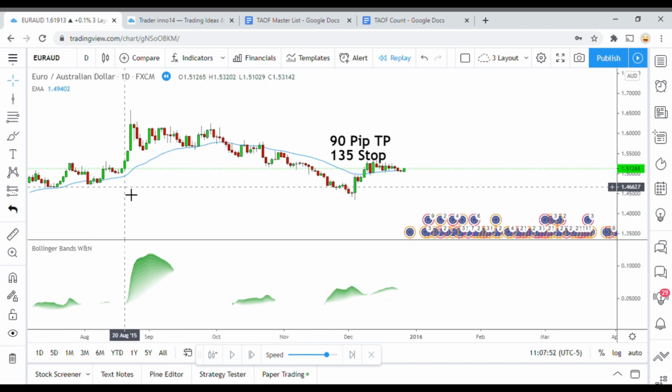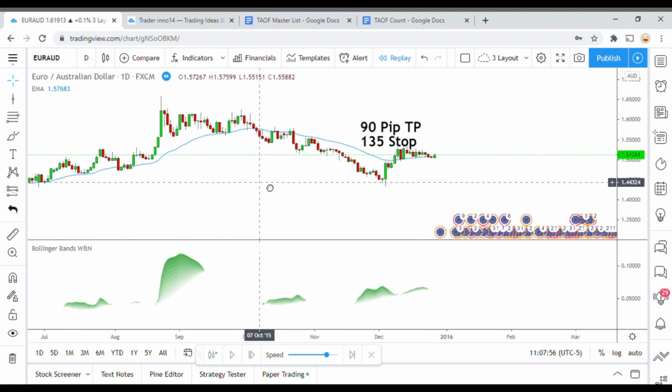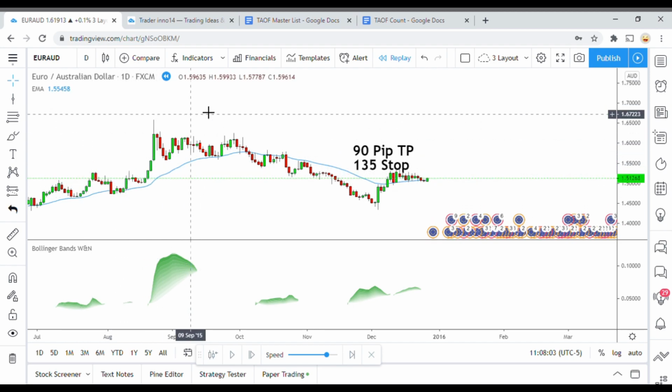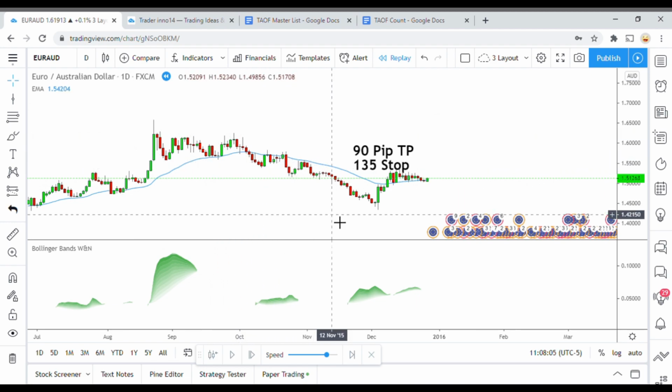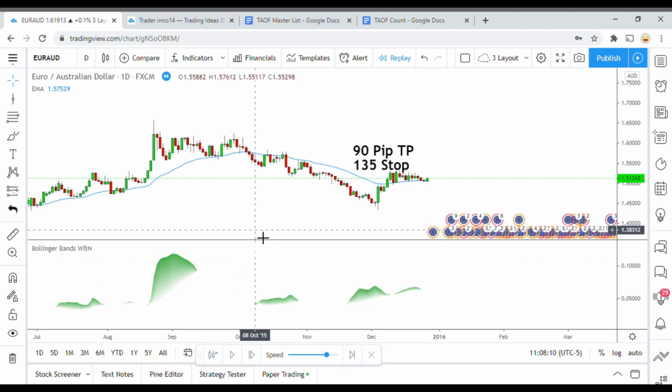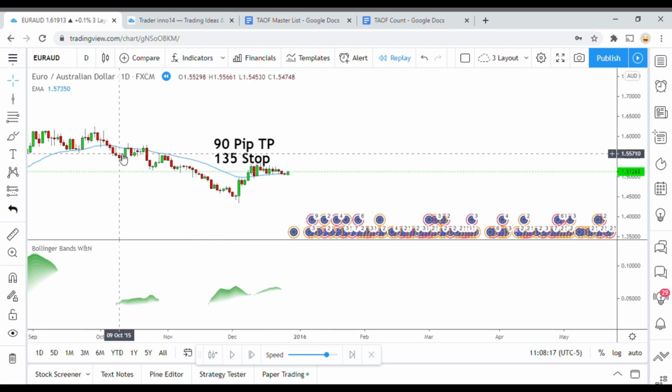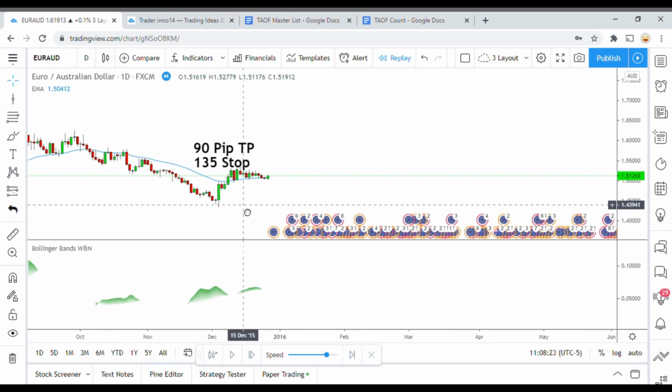That will give us an idea of when momentum is coming into the market, and the EMA itself gives us the direction in which we need to go. So above the EMA is a long, below the EMA is a short, and the Bollinger Band widening and narrowing tells us at what point we would enter, because momentum is now increasing and we should, in all likelihood, get a good move either down or up.